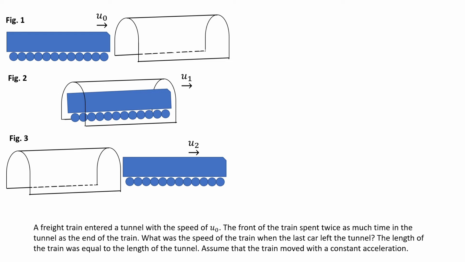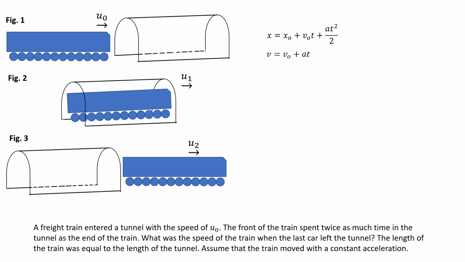So how are we going to solve this problem? First, we were told that the train moves with constant acceleration. It moves along a straight line. So we can use the formulas for the constant acceleration case. Here are two main formulas that we need to know.